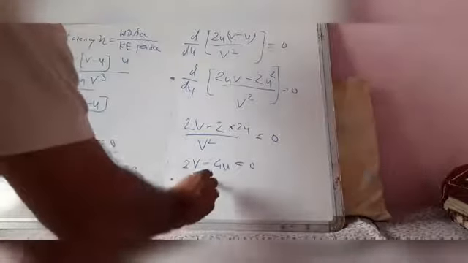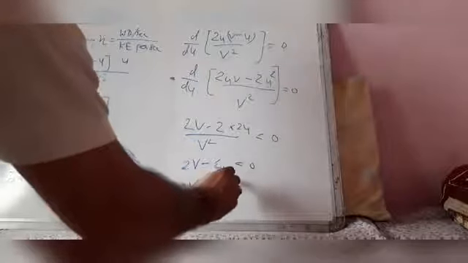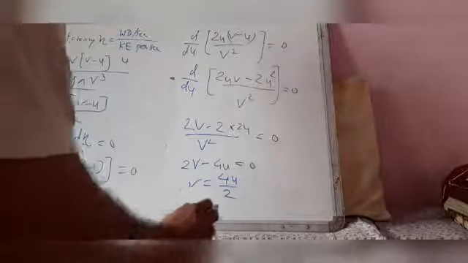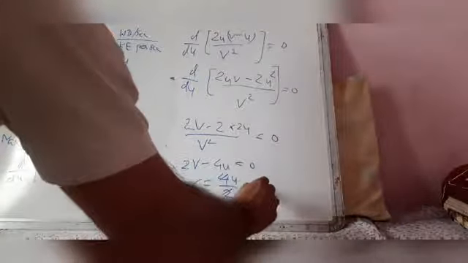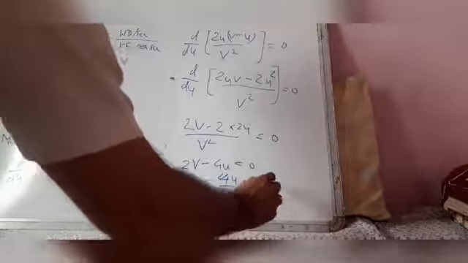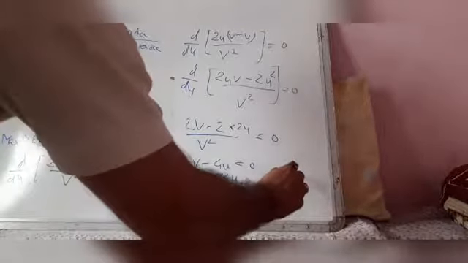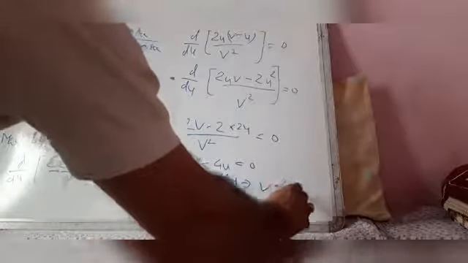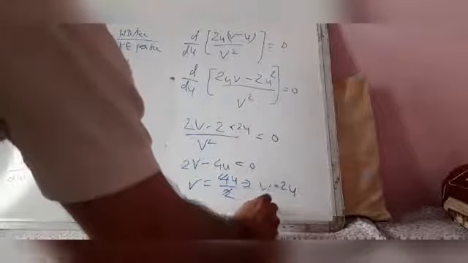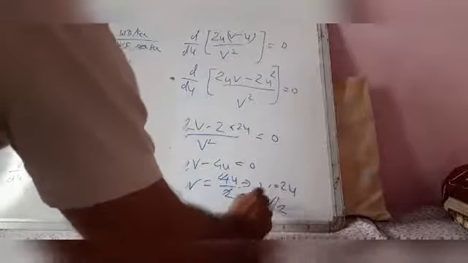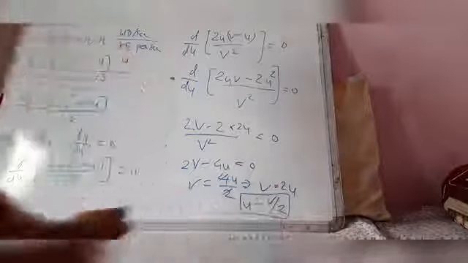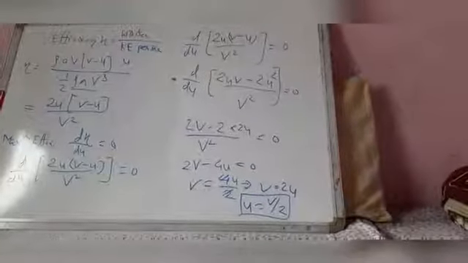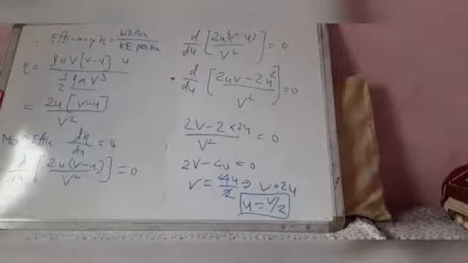So v equals 2u, or u equals v by 2 for maximum efficiency. This is the condition for maximum efficiency.